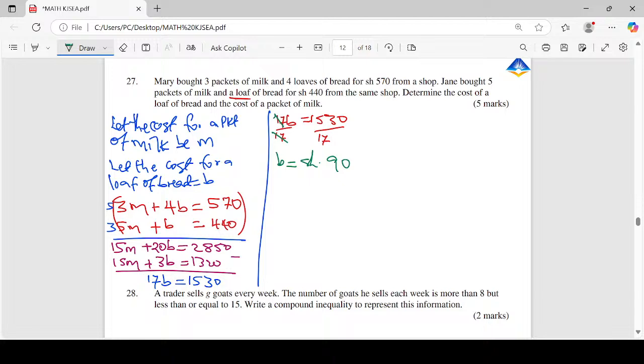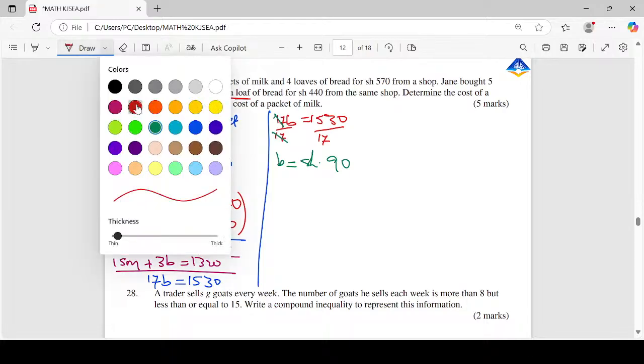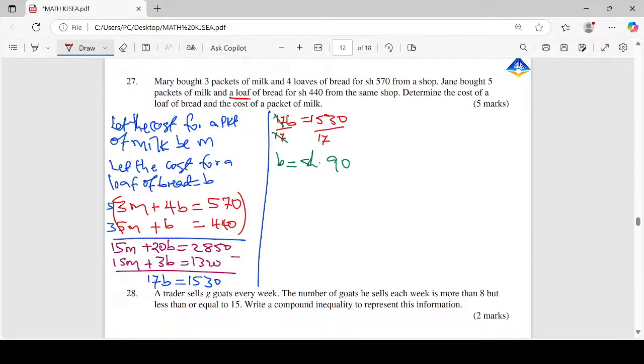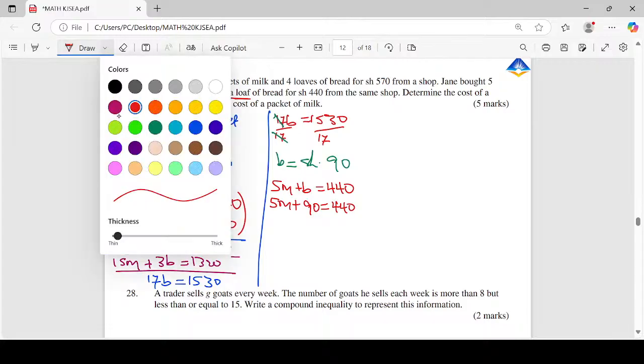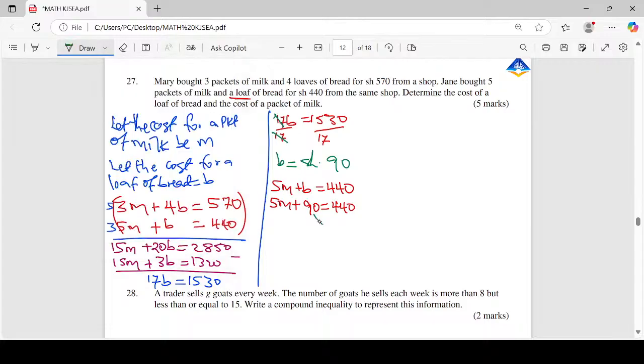I can substitute into equation 2. Remember that my equation 2, I had 5m plus b is equal to 440. So this is like saying 5m plus b, which is 90, is equal to 440. Once you have it like that, this one will move to the other side and become minus.